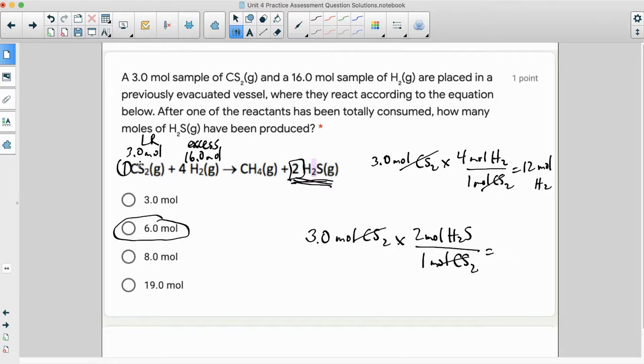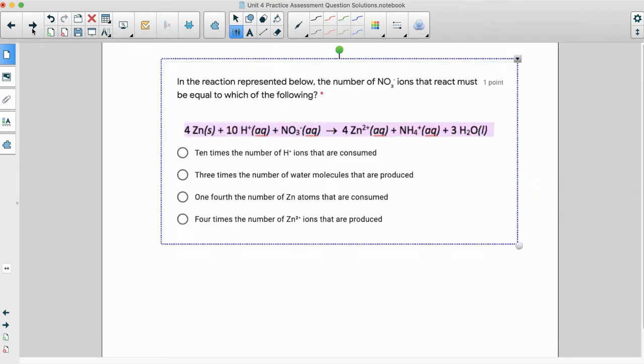The other way we could have found the limiting reactant is by taking 3 divided by 1 is 3, 16 divided by 4 is 4, and that means that we have less equivalent moles of CS2, and so that would be the limiting reagent, as we found before.